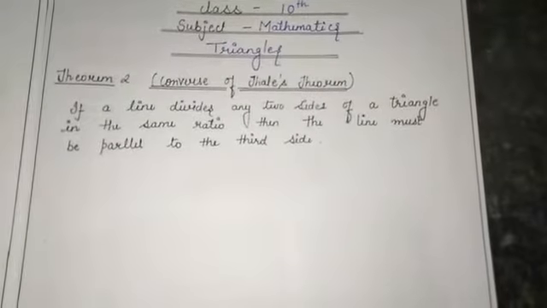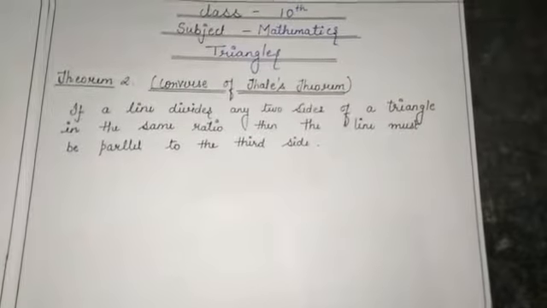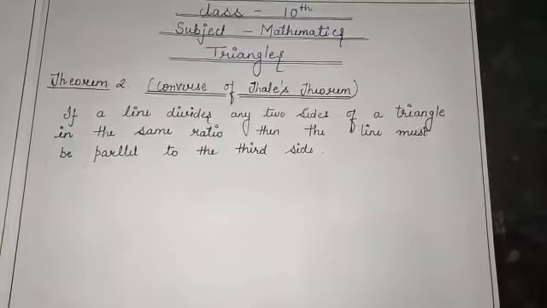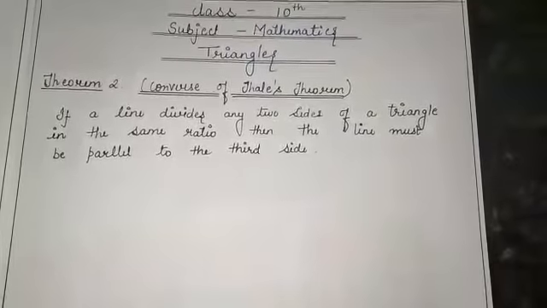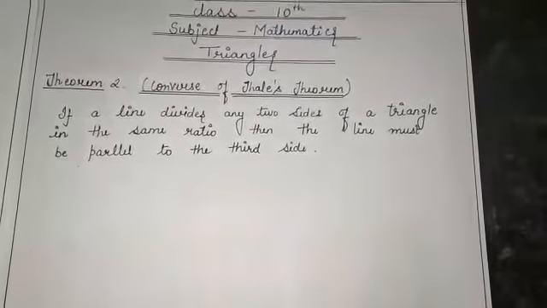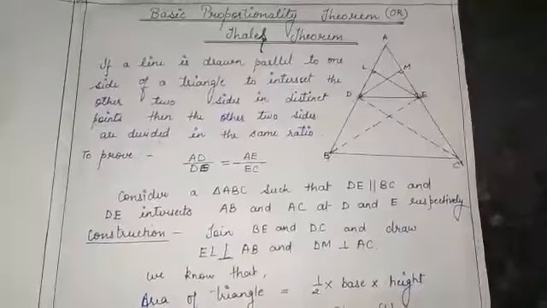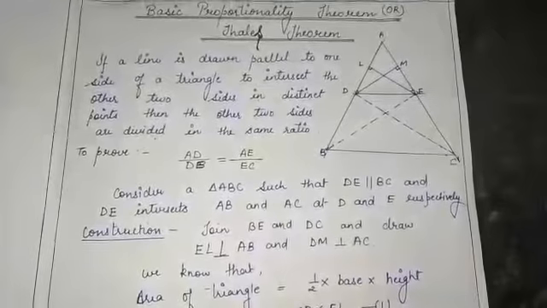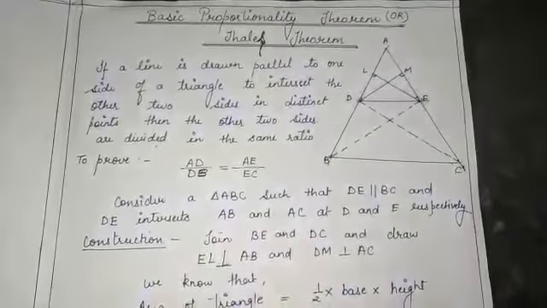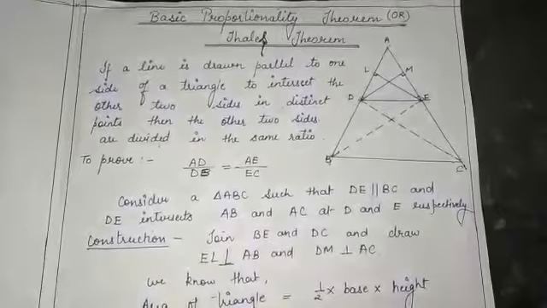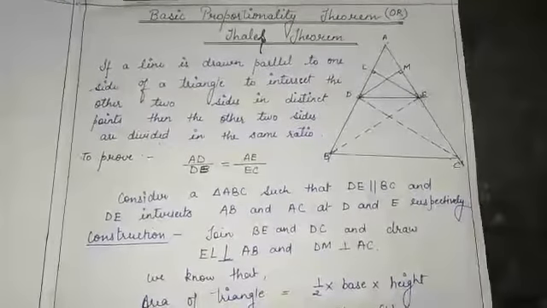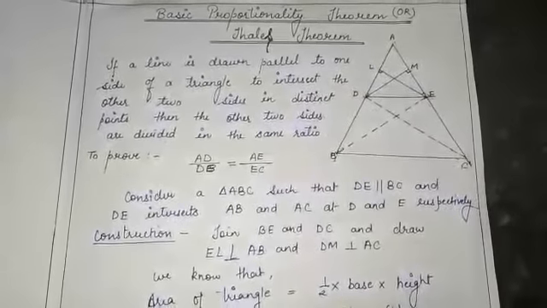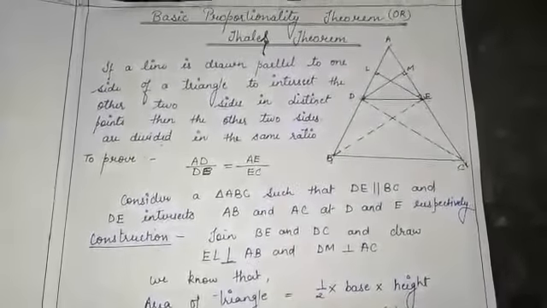So students, in my previous lecture I had explained the basic proportionality theorem, that is Thales theorem. I'll show you what the Thales theorem is. It states that if a line is drawn parallel to one side of a triangle to intersect the other two sides in distinct points, then the other two sides are divided in the same ratio.